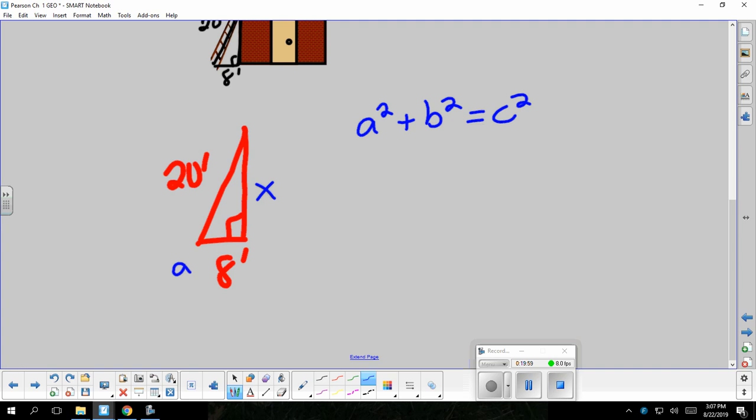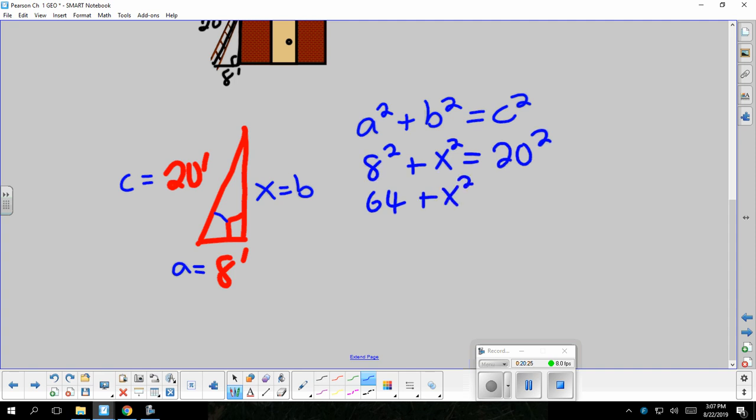I'm going to make that A. This one can be my B. And then the longest side, the hypotenuse, which we know is always across from the right angle, is going to be my C. So 8 squared plus x squared equals 20 squared. 64 plus x squared equals 400.